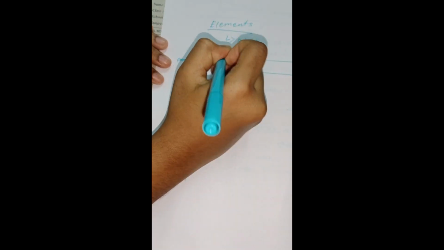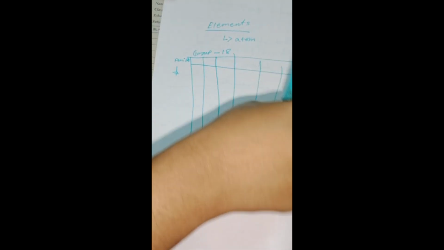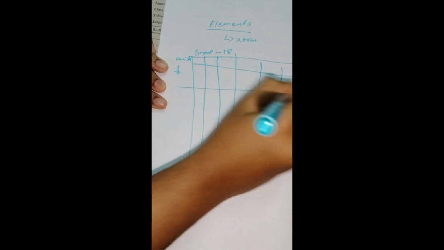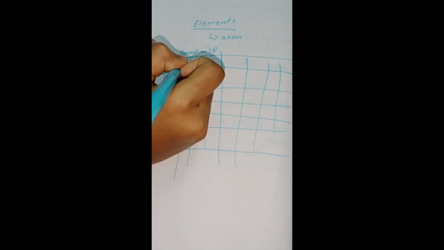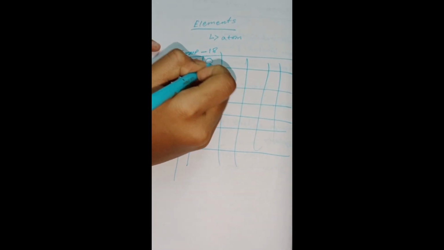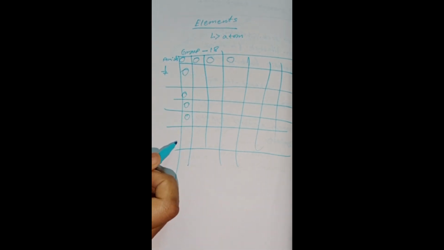So there are 18 groups and 7 periods. So 1, 2, 3, 4, 5. Just like this, there are 18 and 7 boxes where the row is called its group and the column are the periods.